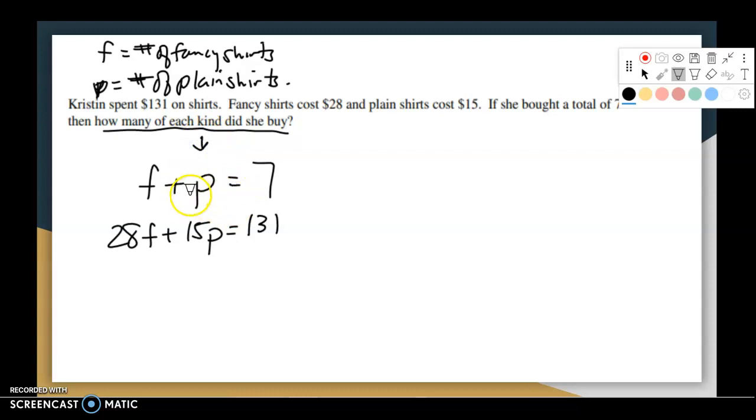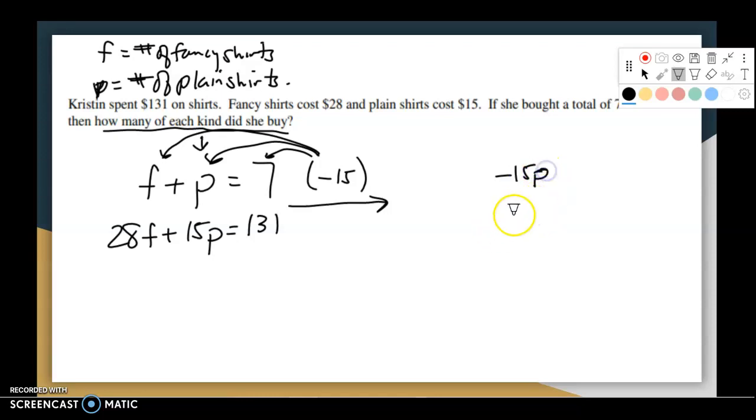Right now it's 1P and it's 15P. So I'm going to have to multiply the top by negative 15, because on the top, that will then give me a negative 15P. And then I'll keep the positive 15P underneath in that other equation, and they'll knock each other out up to 0.